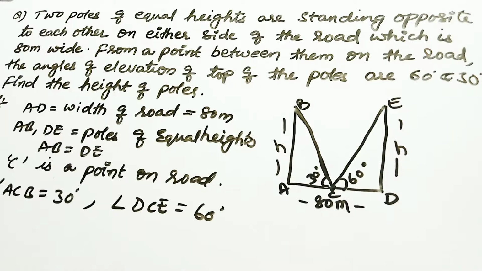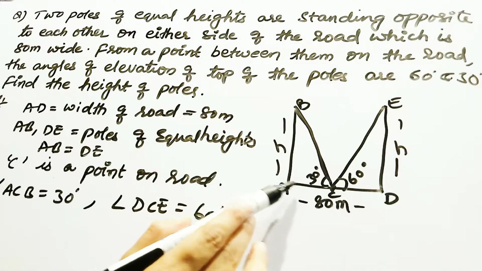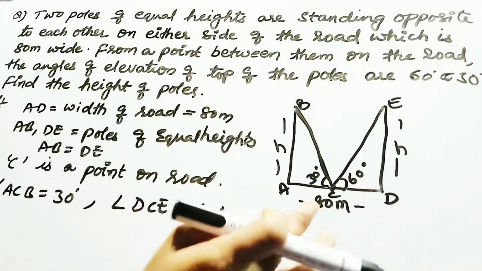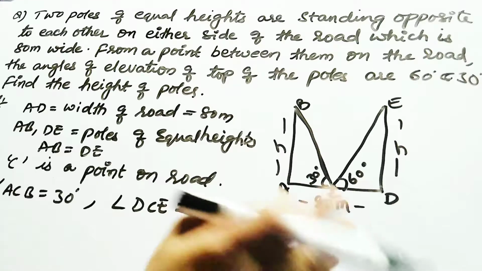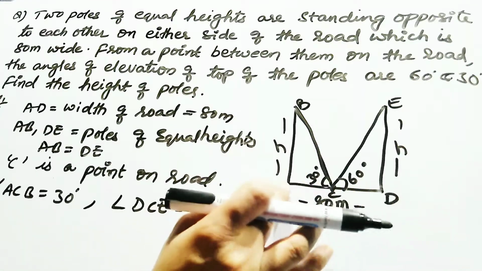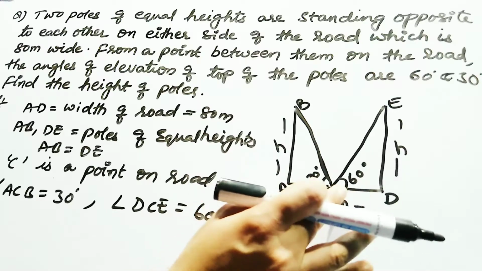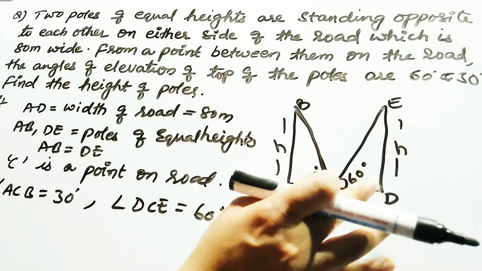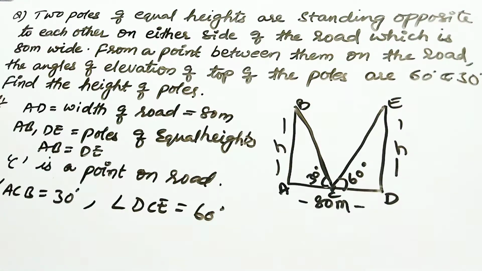The complete road AD is 80 meter, up to AC, what is the distance? We don't know. From C to D, what is the distance? We don't know. So if you find any one of these, AC or CD, you will get the other side distance also.